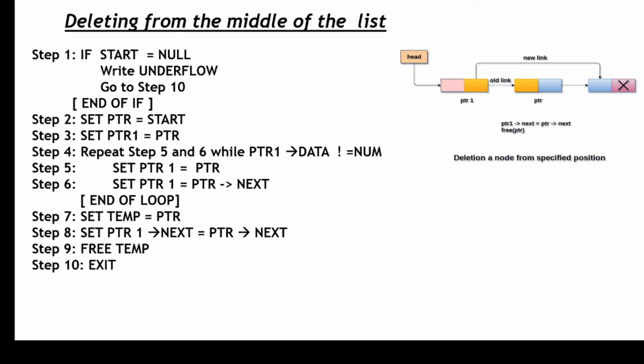For the deletion of a node from the middle of the list, there is a slight difference in where they point. In step 4 we can see that repeat steps 5 and 6 while pointer 1 data does not equal num. Here num is the actual node which we want to delete.